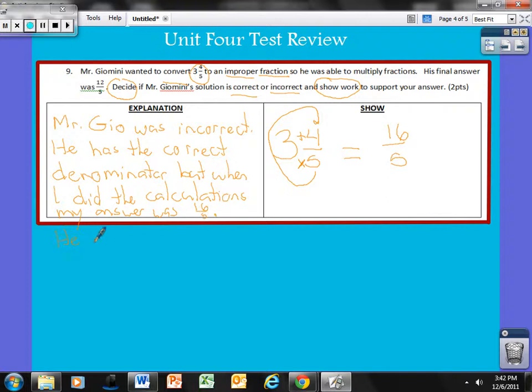He must have multiplied the whole number times the numerator.